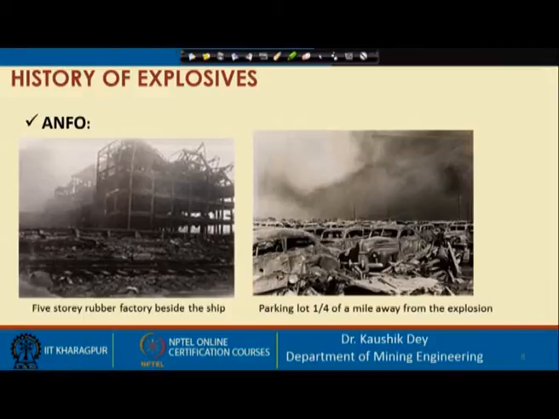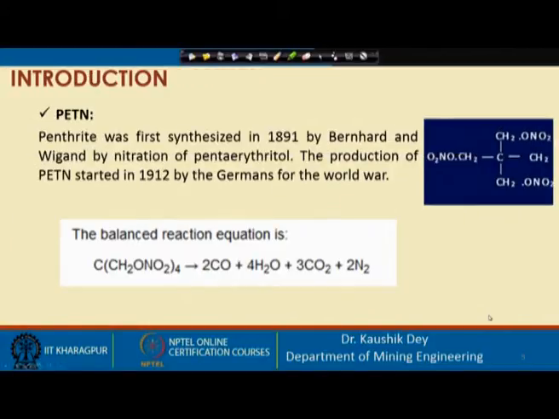And on inquiry, people learnt that ammonium nitrate may be a very suitable explosive if it is used as an explosive material.